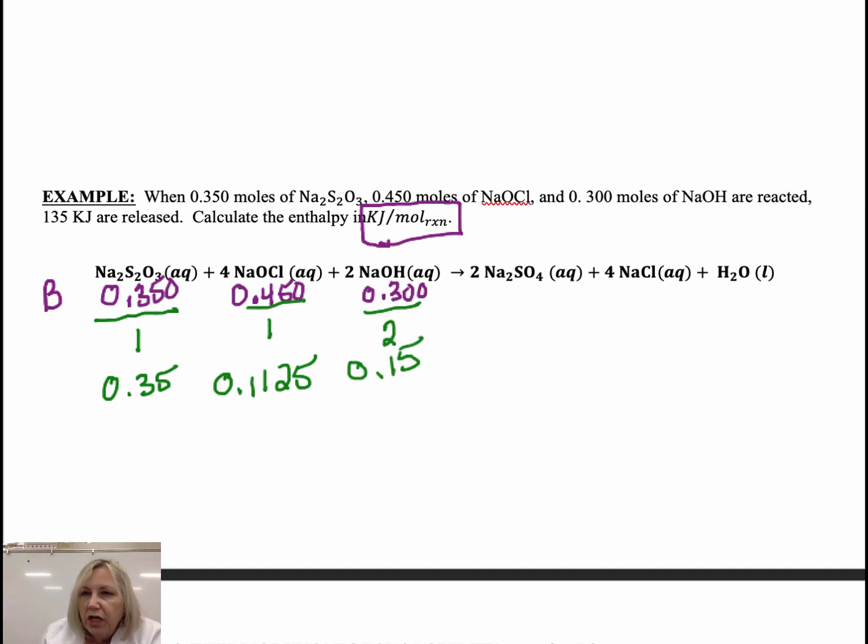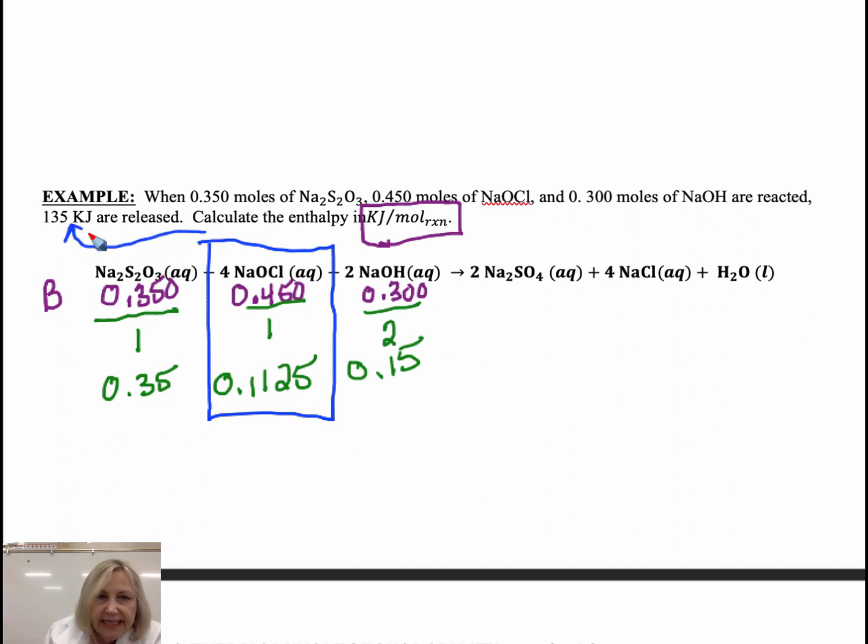So what that shows us is that it is our NaOCl that is going to be our limiting reactant. So it's going to dictate the amount of energy that was released. And I want you to just hold this little number in your mind for a minute. I think you're going to see it crop up again in an interesting way.